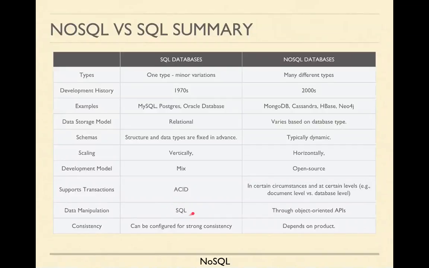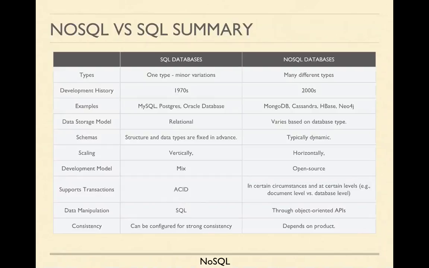All right. So to manipulate data, this is something very important. In the case of SQL databases, all of the databases provide you a structured query language to make the modification.